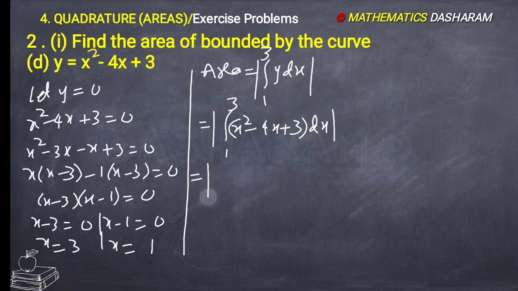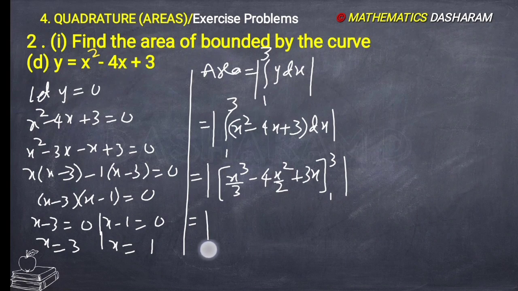It equals mod of x cube by 3 minus 4 into x square by 2 plus 3x, from 1 to 3. Now substitute the upper limit: 3 cube by 3 minus 4 into 3 square by 2.